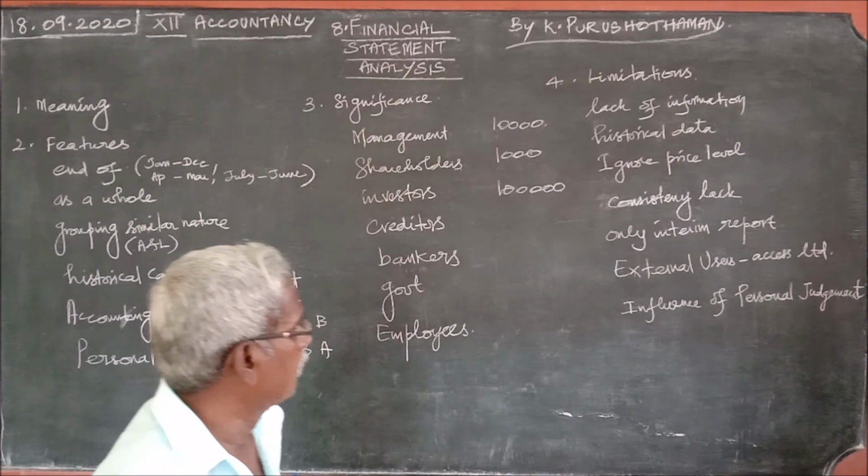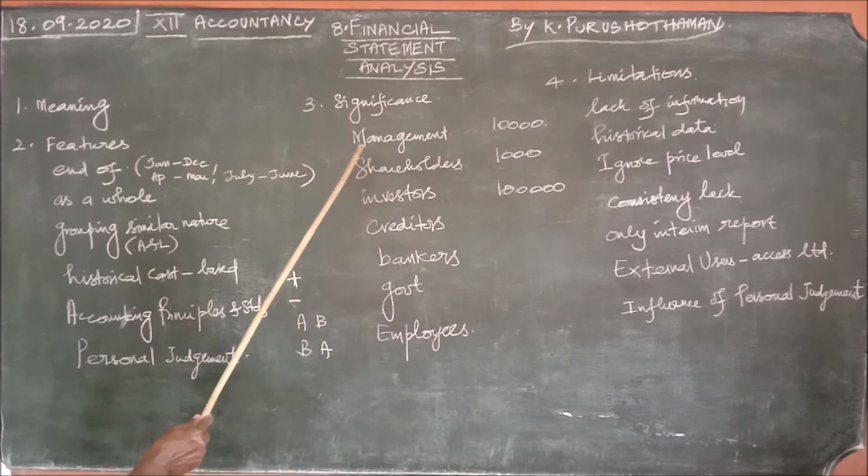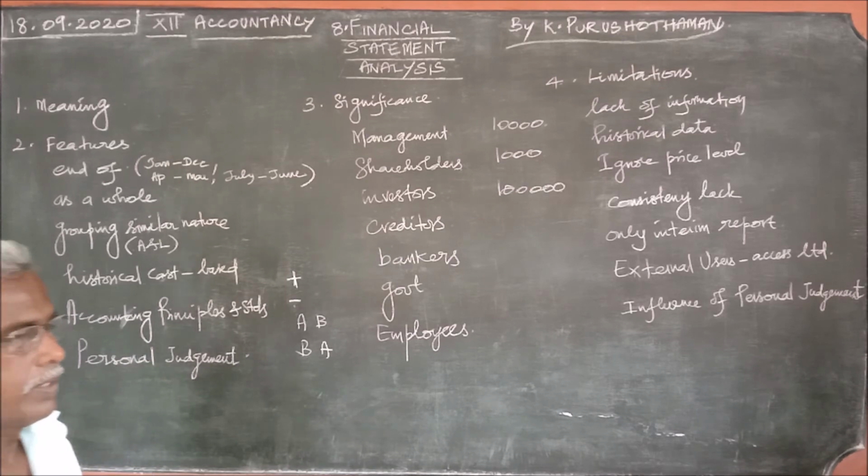And there are some external users. Who are the external users? Investors, creditors, bankers, government, employees. Employees also we can leave. Say 1, 2, 3. That is investors, creditors, bankers, and the government. These people are external users.